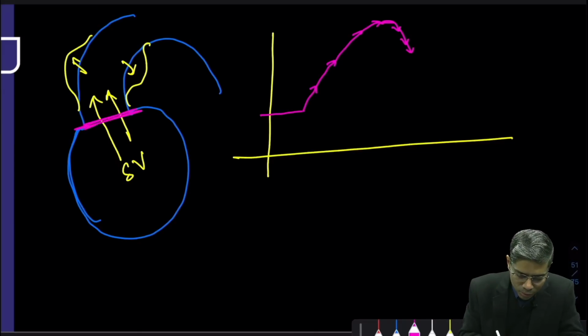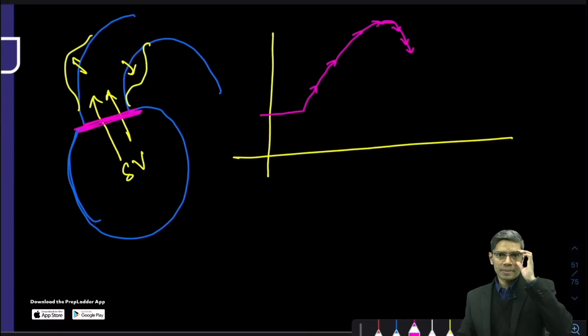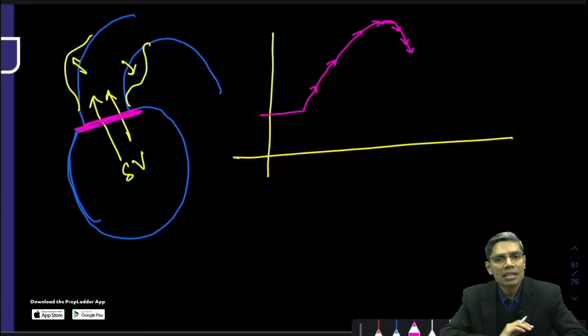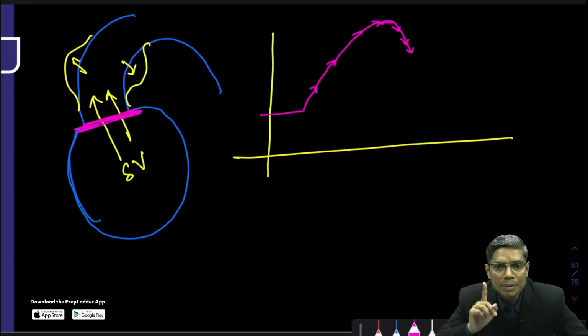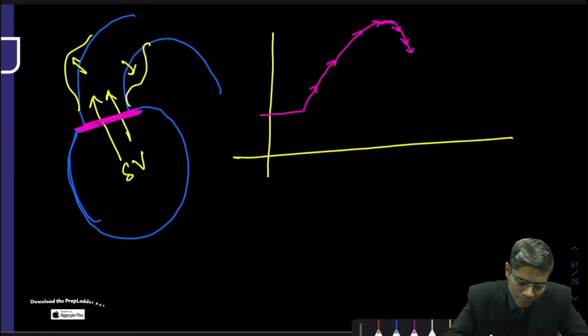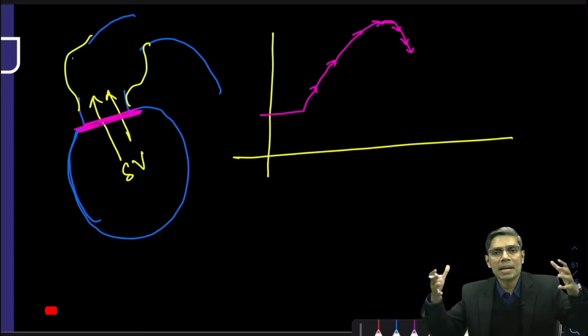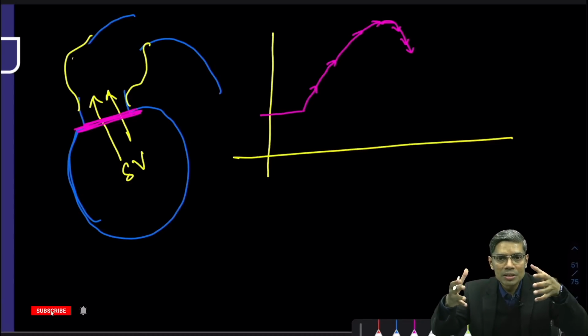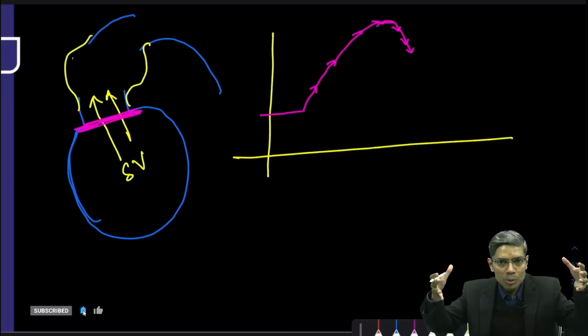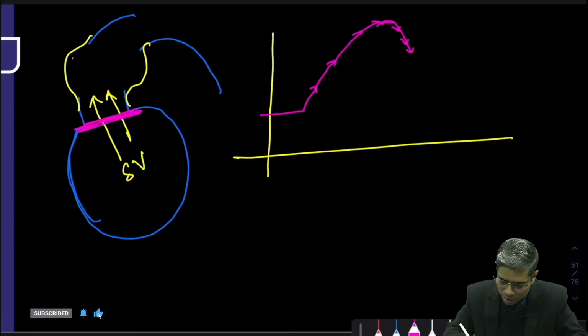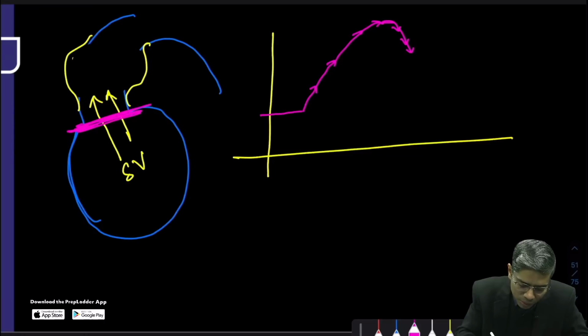Suddenly, there will be closure of the semilunar valves. After the closure of the semilunar valves, listen most carefully, what will happen? The aorta, which was expanded due to ejection of the blood, will now recoil back. So your valves are closed, your aorta is recoiling back.